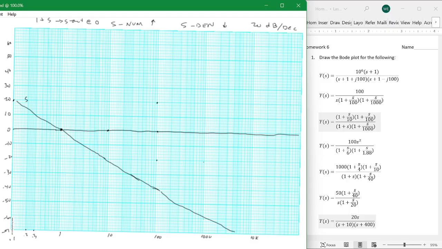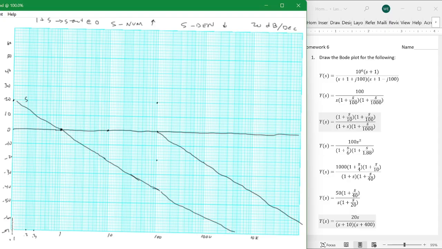Why is that? Because it's in the denominator. If it were in the numerator, it would go up. Everybody get that? Okay, so this one is going down. So that is the 1 over S plus 100.